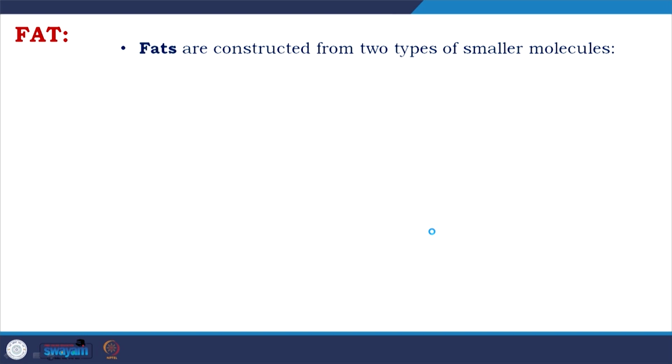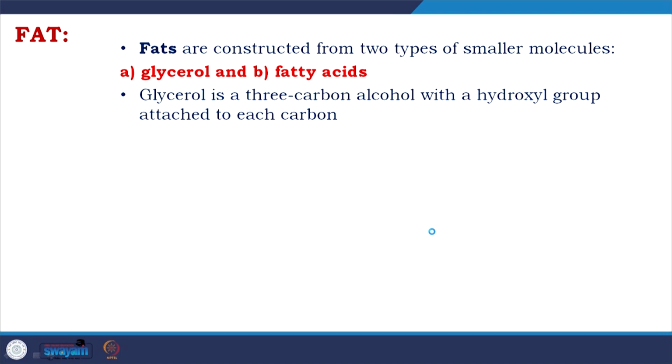Coming to fat, fats are constructed from two types of smaller molecules: one, glycerol, two, fatty acids. Glycerol is a 3-carbon alcohol with a hydroxyl group attached to each carbon. So, this is glycerol, 3 hydroxyl groups are there.